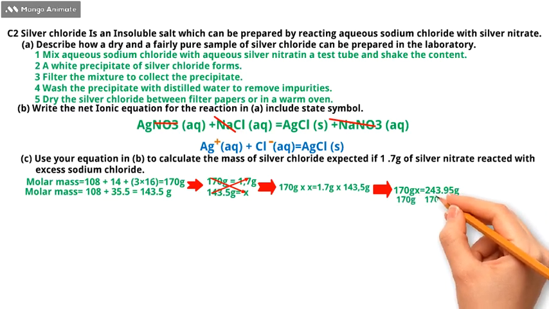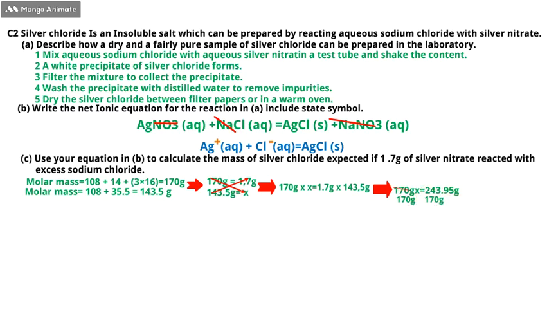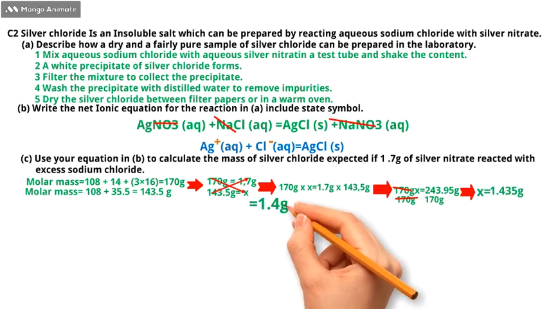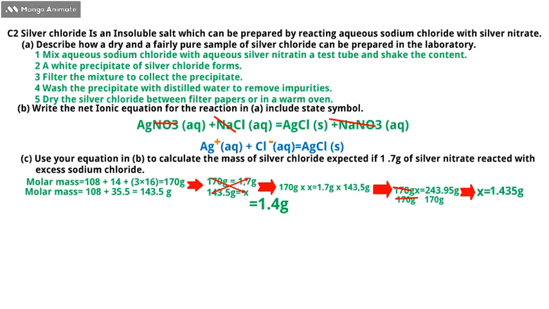Now we divide 243.95 grams by 170 grams, giving us 1.435 grams. Rounding it to one decimal place will give us 1.4 grams, which is the mass of silver chloride. So, the theoretical mass of silver chloride formed is 1.4 grams.